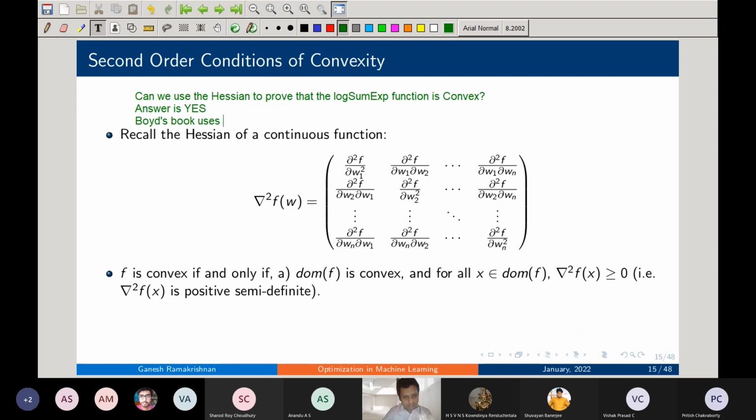It uses the fact that the Hessian of the function must be positive semi-definite, or Hessian being positive definite. This is a necessary and sufficient condition.